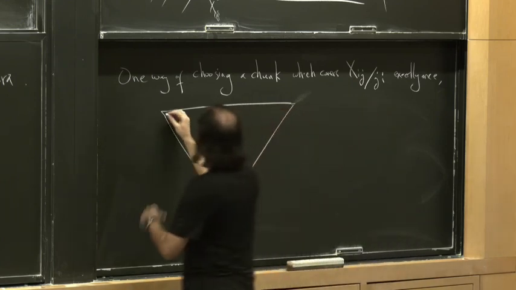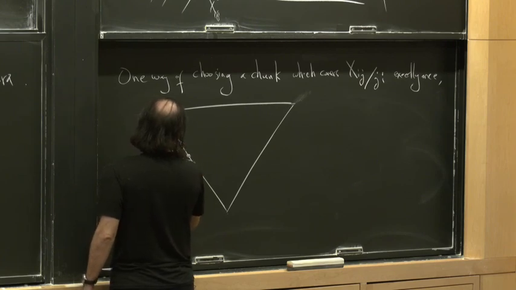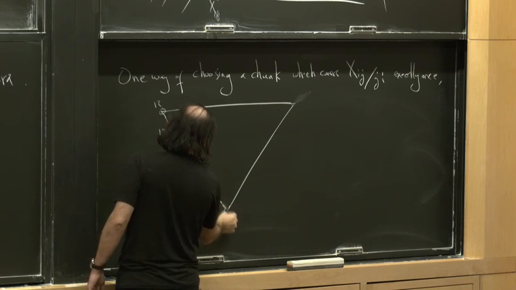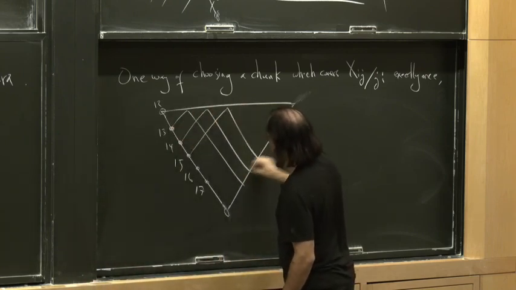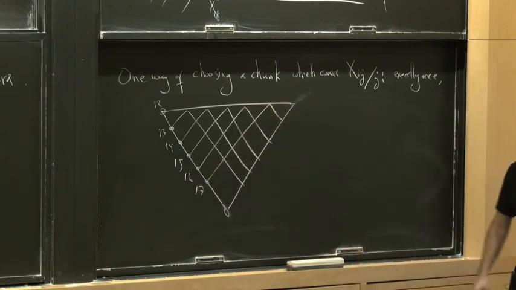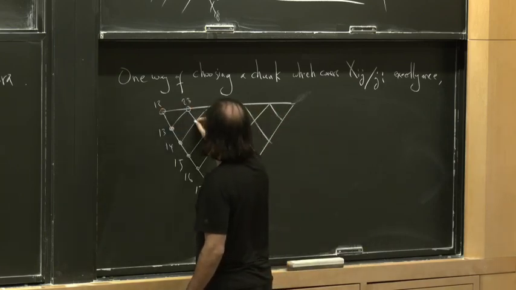Here I would have 1, 2, 1, 3, 1, 4, 1, 5, 1, 6, 1, 7, I'll put 1, 8 here. But then, if I fill in the rest of the picture, this would be 2, 3, 2, 4, 2, 5.